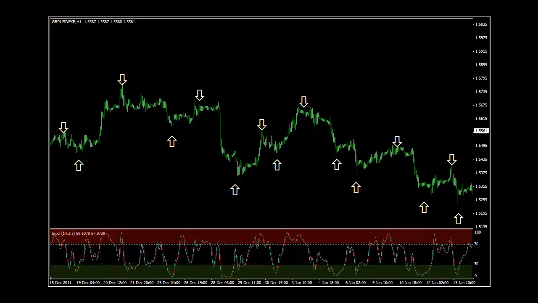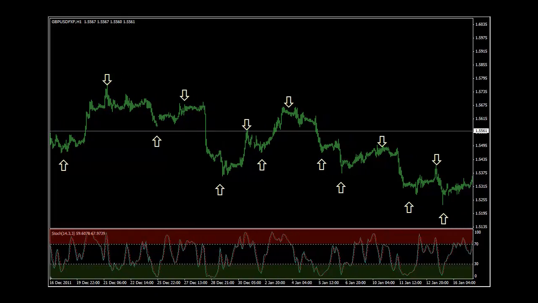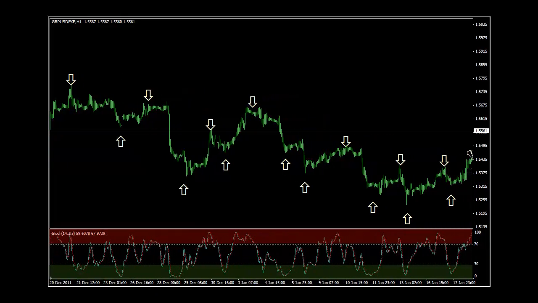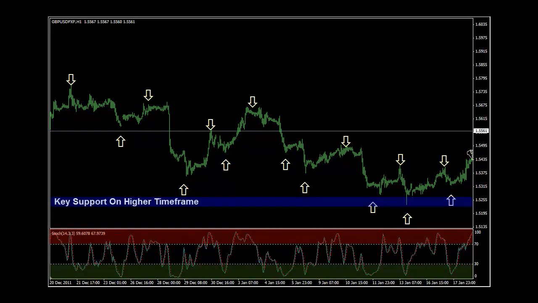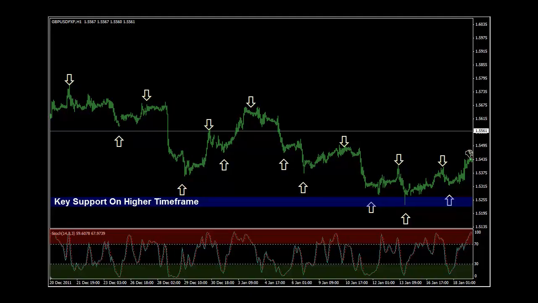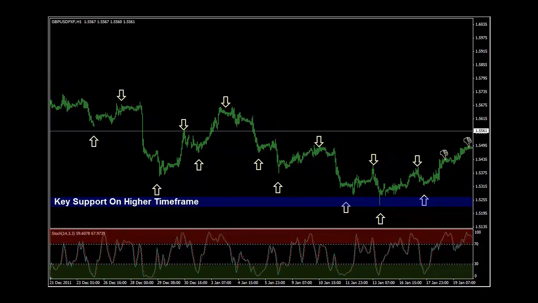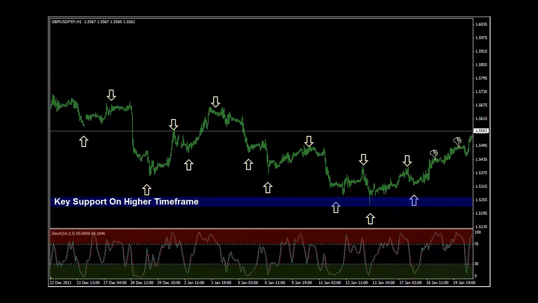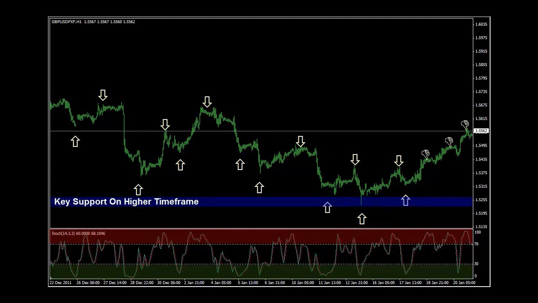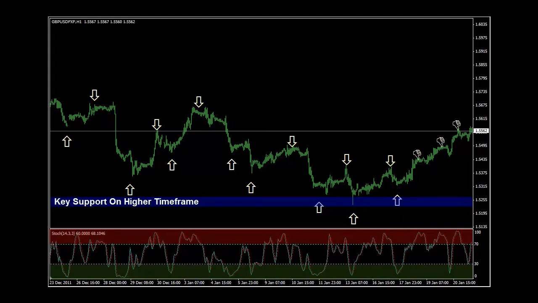Okay, and then obviously moving right along, we had now a shift trading off of a key support level on a higher time frame. Now suddenly overbought and oversold will mean something in the realm of the oversold condition, and now you'll see when oversold readings happen, they are profitable, and then overbought readings no longer have any lasting impression on price action.